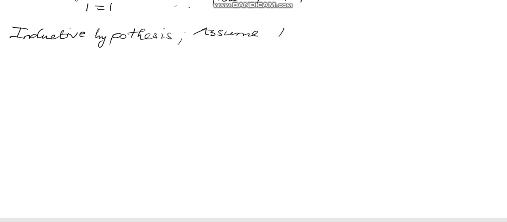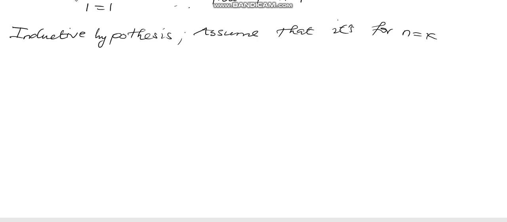Okay, so step number 2 here is the inductive hypothesis. On the inductive hypothesis, we make an assumption where we assume that it is true for n equals k.